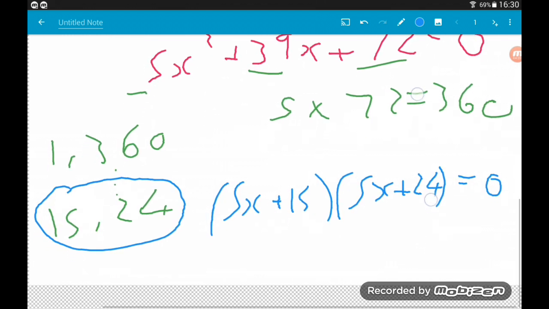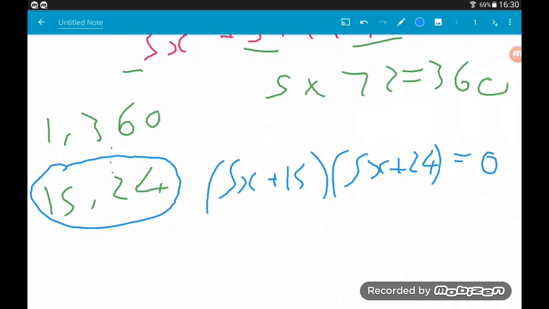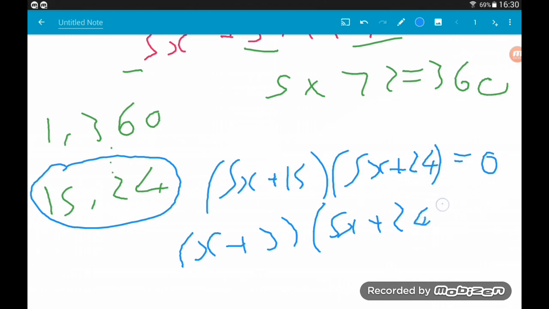So the final step to factorising our quadratic is inside of either bracket that contains a common factor, we divide it away. So in this first bracket, 5x plus 15, there is a common factor of 5, so we divide that away, which leaves us with x plus 3 times 5x plus 24, and that is equal to 0.